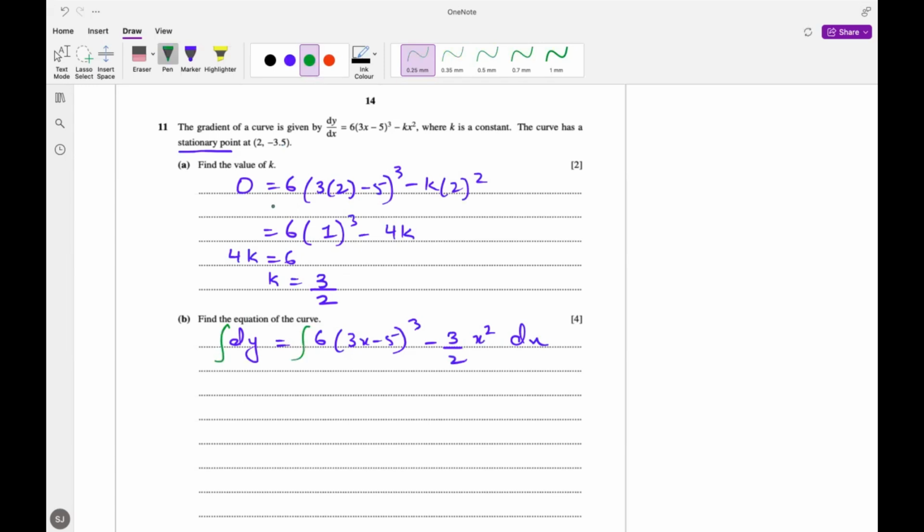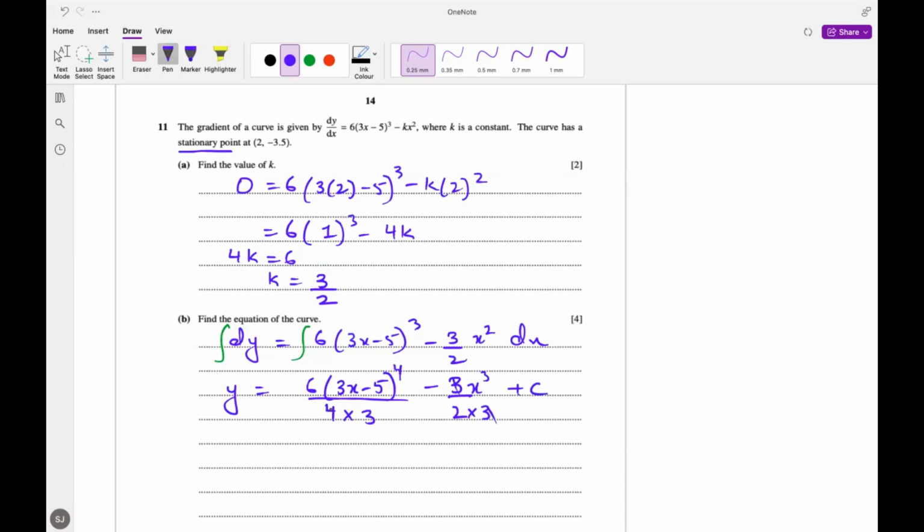Now integrating both the sides, integrating dy will become y. This will become 6 into (3x minus 5) to the power 4 divided by the new power, which is 4, and multiplying it by the derivative of 3x minus 5, which is 3. Integrating 3 upon 2 x squared, this will become 3x cube, and we'll divide by the new power, which is 3, and we'll add a plus c.